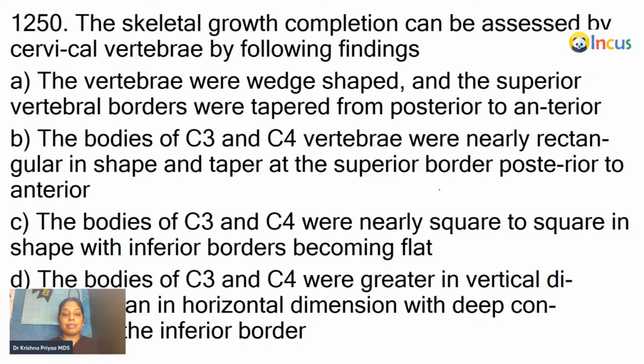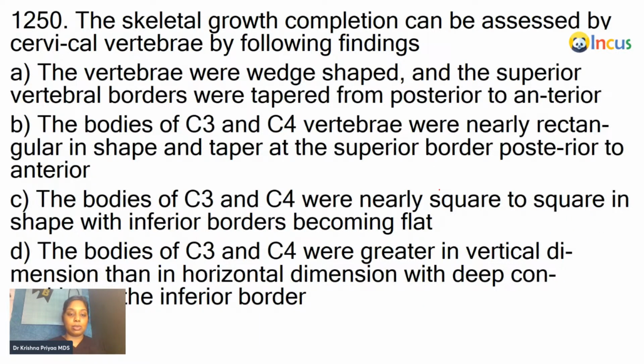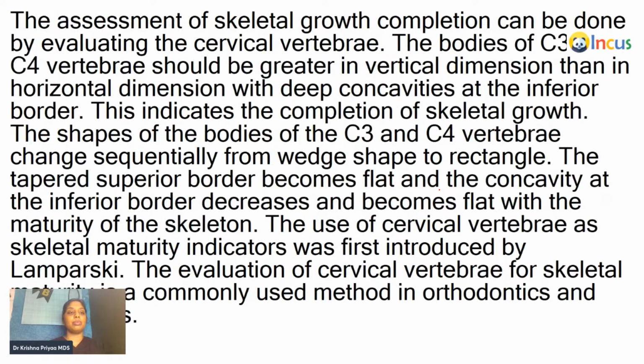C: the bodies of C3 and C4 are nearly square, with the inferior borders becoming flat. D: the bodies of C3 and C4 were greater in vertical dimension than in horizontal dimension, with deep concavities at the inferior border. So growth completion can be assessed only by D, because in the end it has deeper concavities and they are more in height when compared to the width. So the answer D suits the given question.